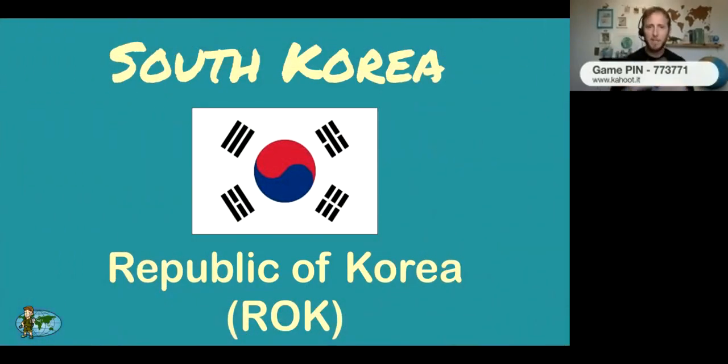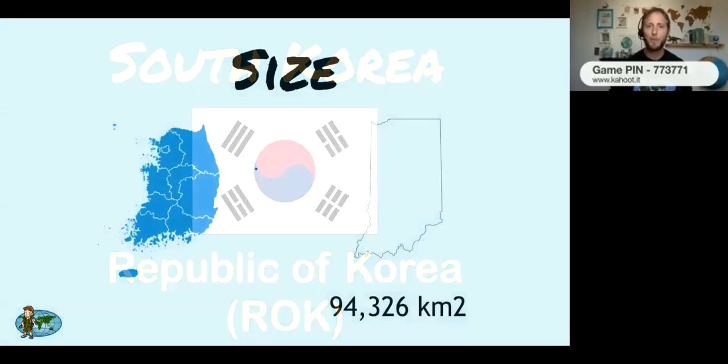If you've never seen it, this is the South Korean flag. Right in the middle of it is a yin-yang symbol, and it has red and blue colors representing fire and water. Around the corners, each one of these symbols represents one of the elements of the earth, so fire, wind, air, water. I always forget them. And then Republic of Korea is the official name.